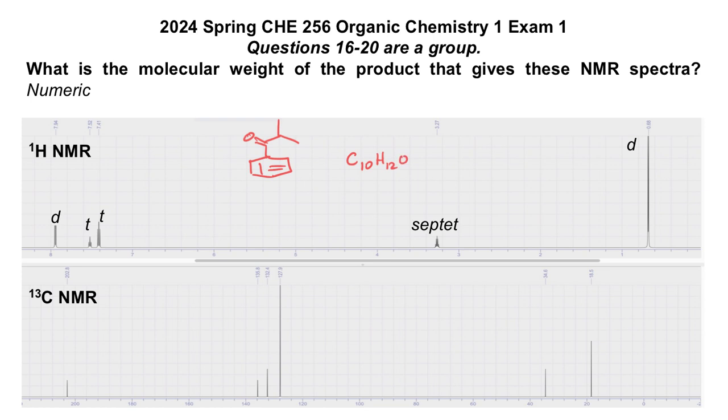And then oxygen. So carbon is 10 times 12, which gets you 120. Hydrogen is 12. Oxygen is 16. So we'll do 132 and then add 16 to that. So we get 148 is the molecular weight.